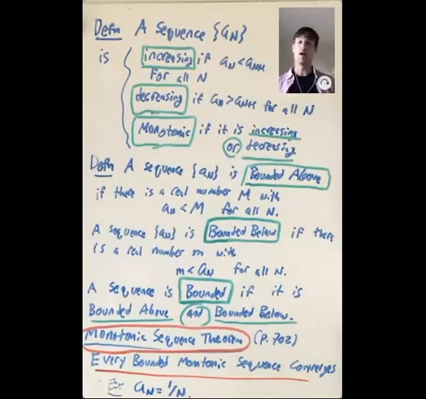Well, often what you can do is, if your sequence is a_n, you do the kind of thing that we did when we talked about L'Hopital's rule. You find a function f(x) where f(n) equals a_n. And then, how do you show that a function is increasing or decreasing? That we know from Math 2A or the equivalent: you can take a derivative and apply the first derivative test. So we're not going to use this result all that much, but it's something that you should know, so I wanted to mention it.